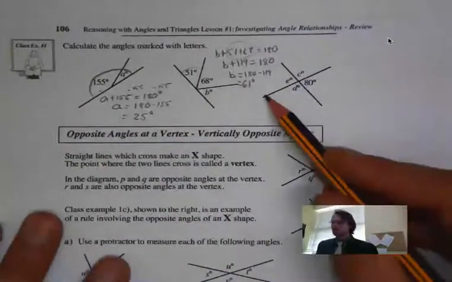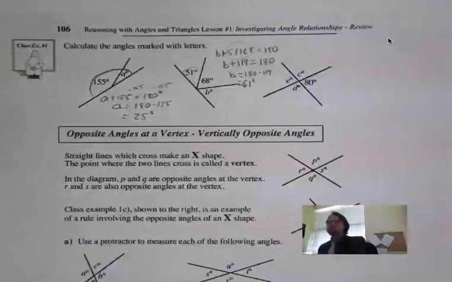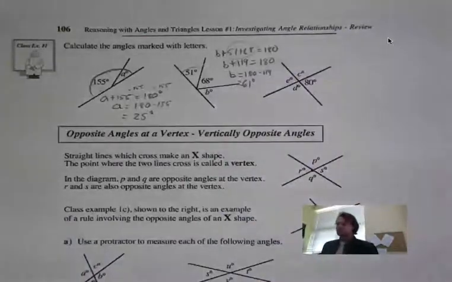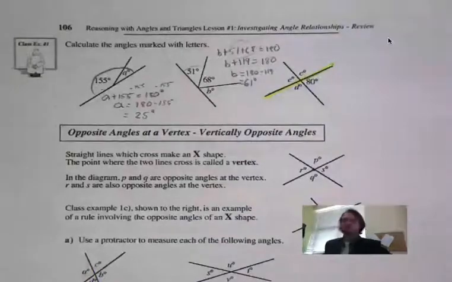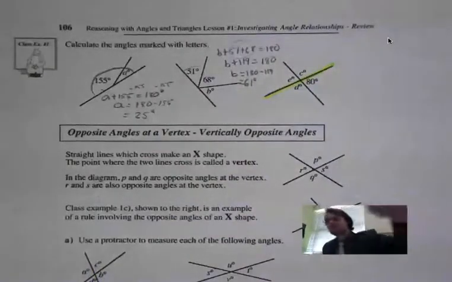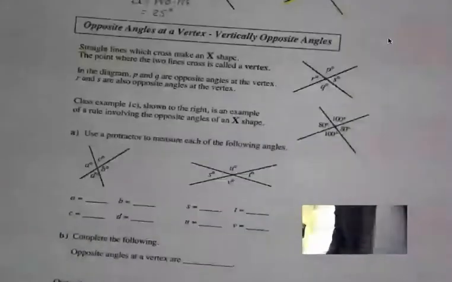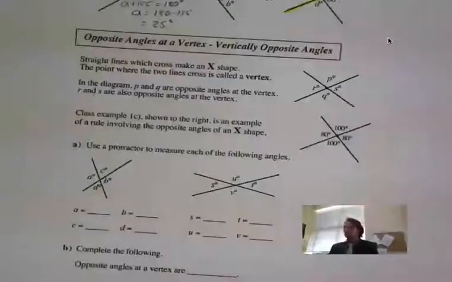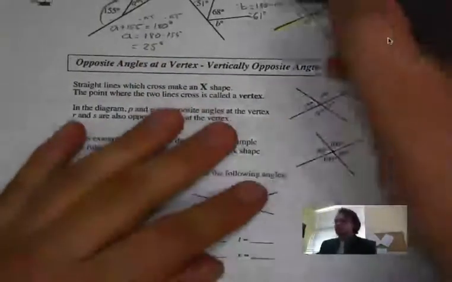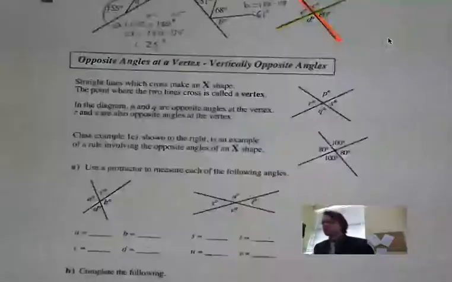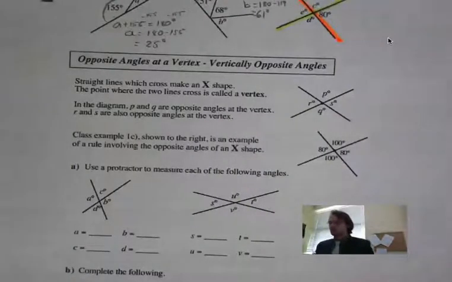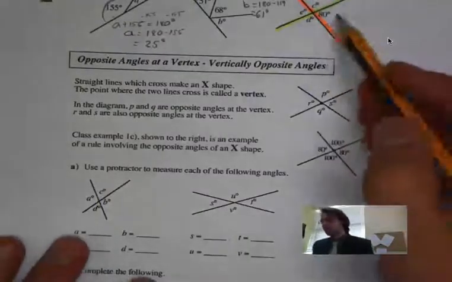Now the next one is more difficult. I have one straight line here, and I have a second straight line over here. So let's first take a look at the green straight line. Or we'll look at the orange straight line. So I know this 80.